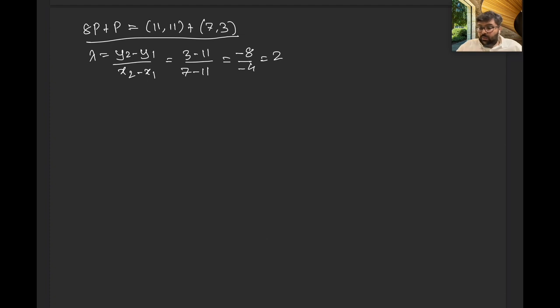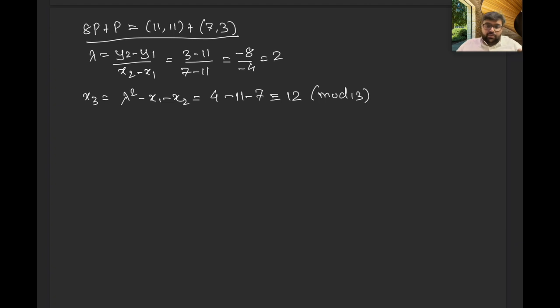So this is 2, and x3 is lambda square minus x1 minus x2. So 2 square is 4 minus x1 11 minus x2 minus 7. So minus 7 and minus 7. 4 minus 11 minus 18. Minus 18 is minus 5. So 4 minus 5 minus 1. So this will be 12.